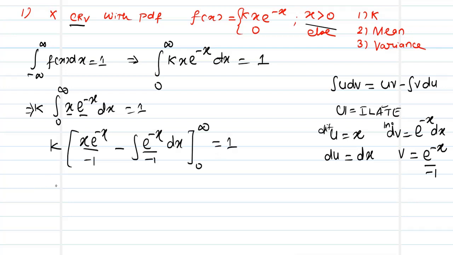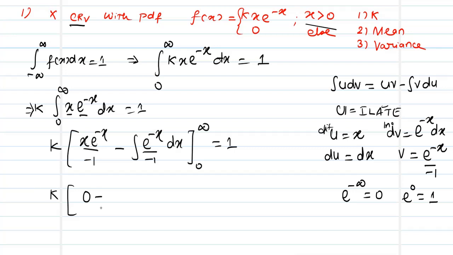Now applying the limits, we need to keep in mind that e power minus infinity is going to be 0 and e power 0 is going to be equal to 1. So when we apply the upper limit, e power minus infinity becomes 0, minus the lower limit 0 into e power minus 0.